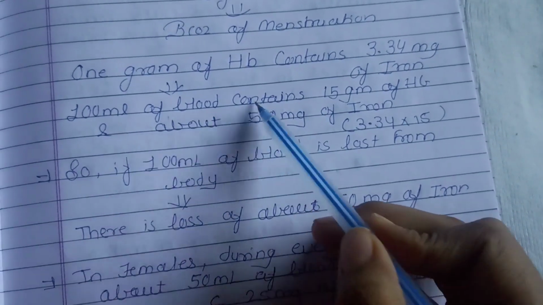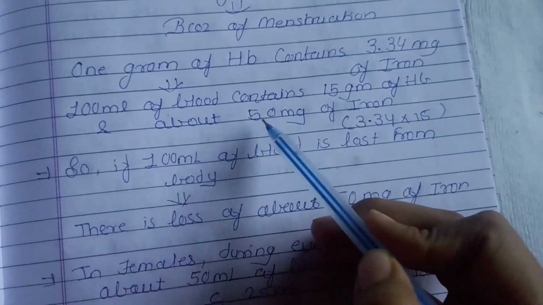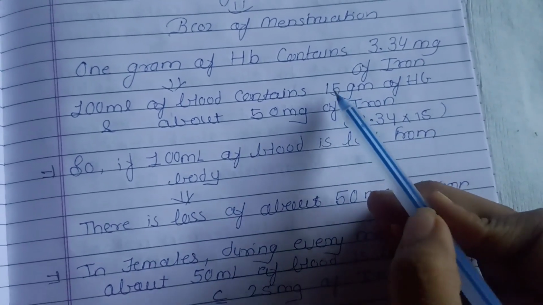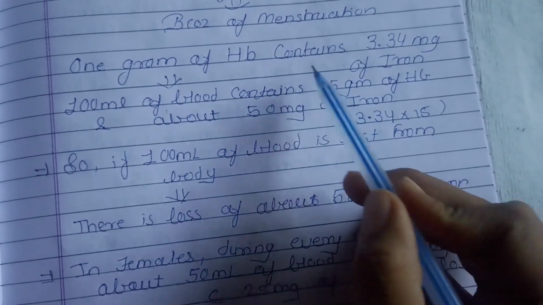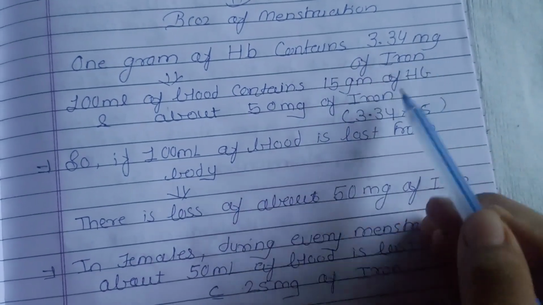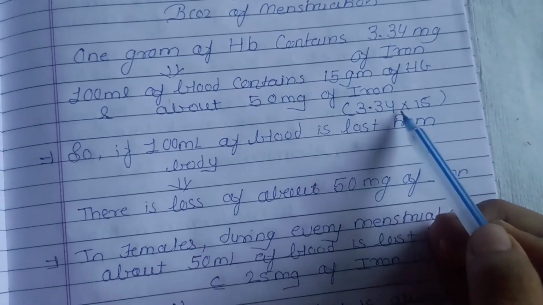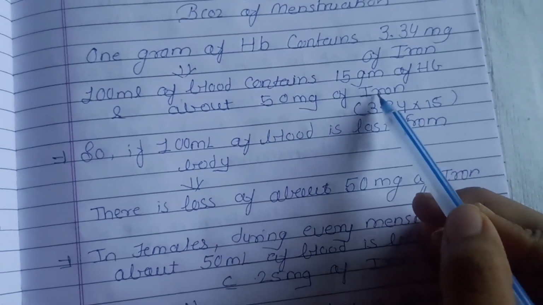100 ml of blood contains 15 gram of hemoglobin and about 50 mg of iron. How? So 1 gram of hemoglobin contains 3.34 mg, so 3.34 mg into 15 gram gives about 50 mg of iron.